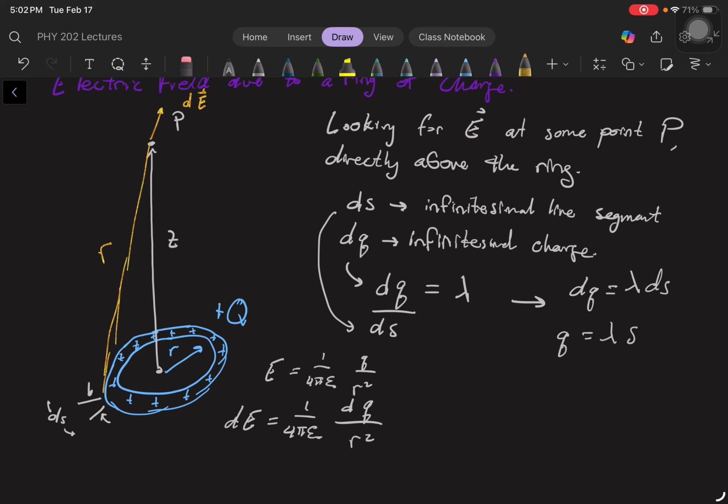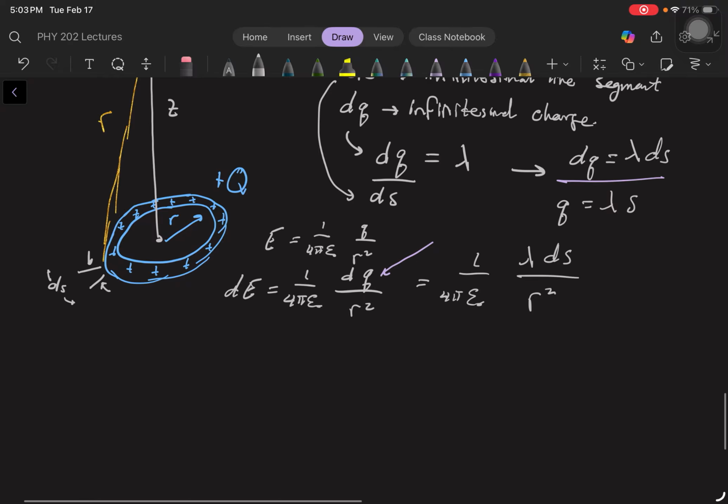And so we can go ahead and make this substitution, where dq is lambda ds over r squared, right? Which is going to potentially come in handy later. It's going to be easier to use geometry to integrate ds than it is to think about how the charge is going to change to integrate dq. So we can rewrite it in terms of ds, and then we have a line integral to do later, and it's going to be a little bit better. Okay.